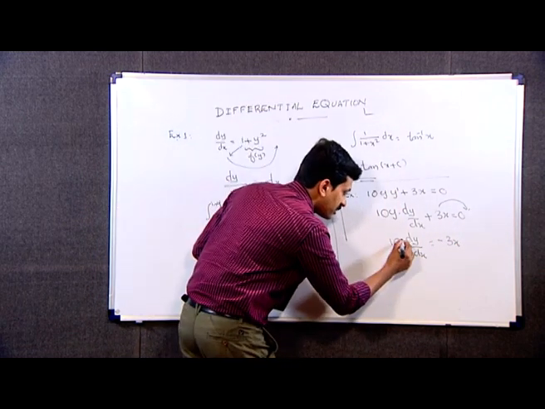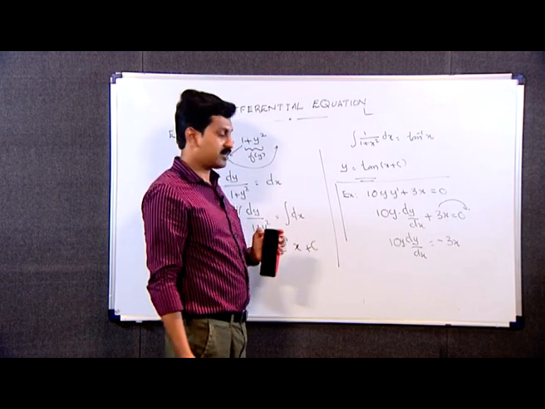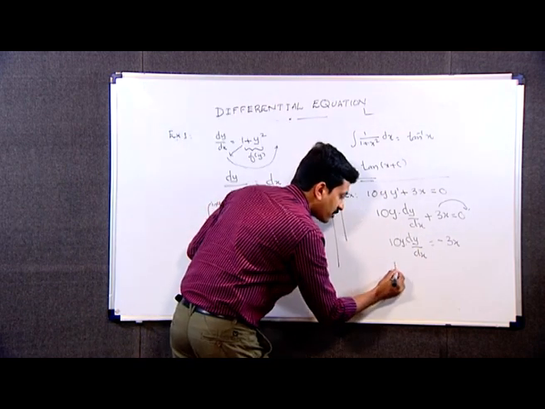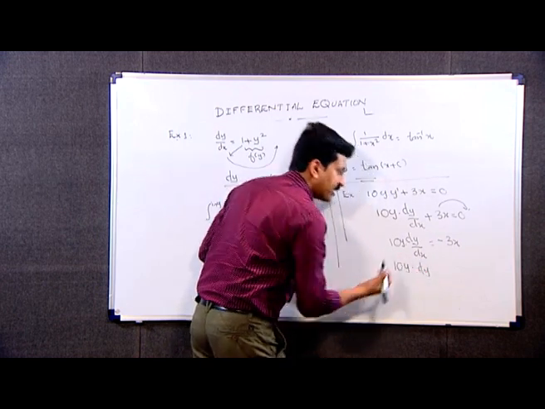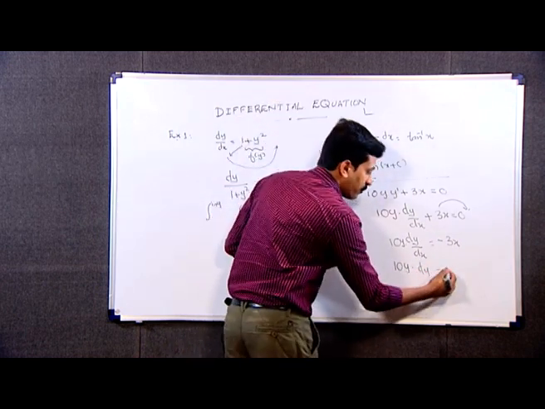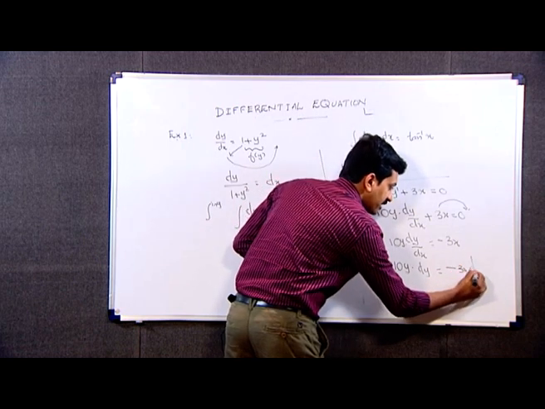We can write this as 10y dy is equal to minus 3x dx.